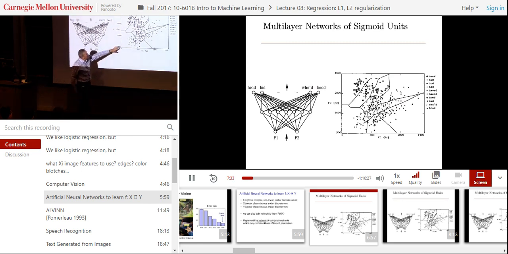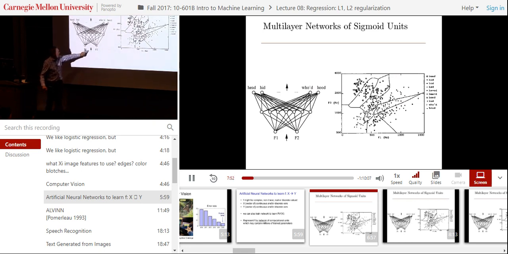But here I'm showing you a very nonlinear decision surface. This is for actually a very early vintage neural network for speech recognition. In fact, this network was trained just to figure out the vowel sound.